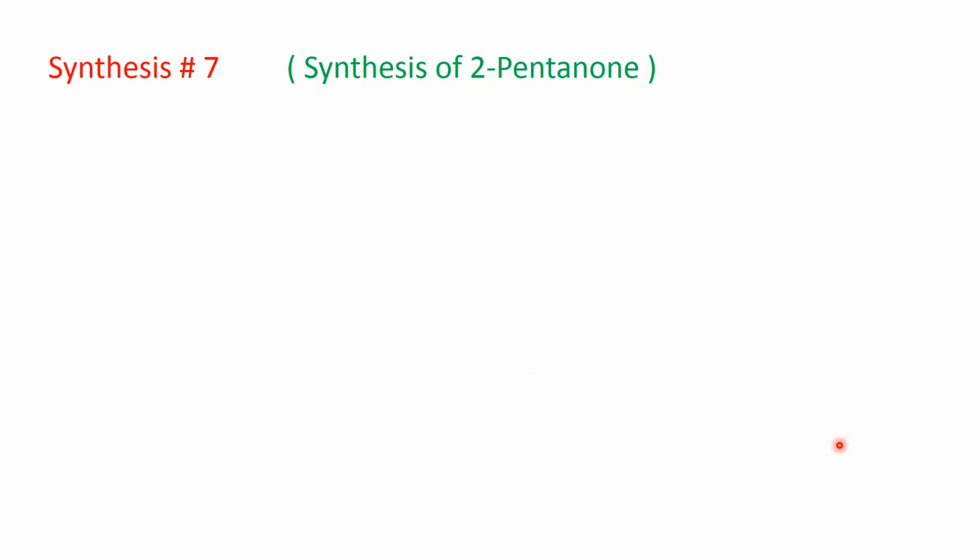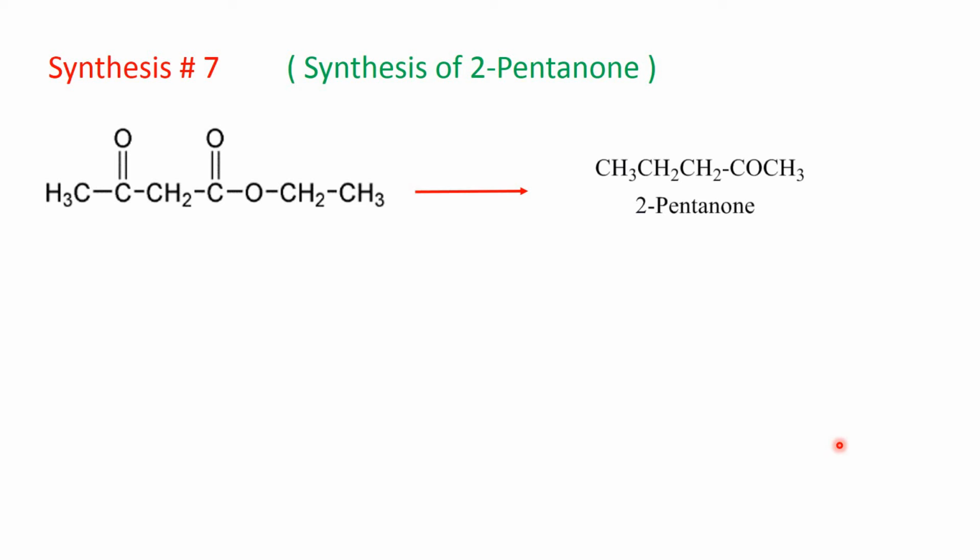Synthesis number 7, synthesis of 2-pentanone. This is ethyl acetoacetate. From here, you have to prepare 2-pentanone. Now, for ketonic hydrolysis, this is the cleavage. So, compare this part with your product. CH3COCH2, CH3COCH2, this part is already present in my ethyl acetoacetate molecule.